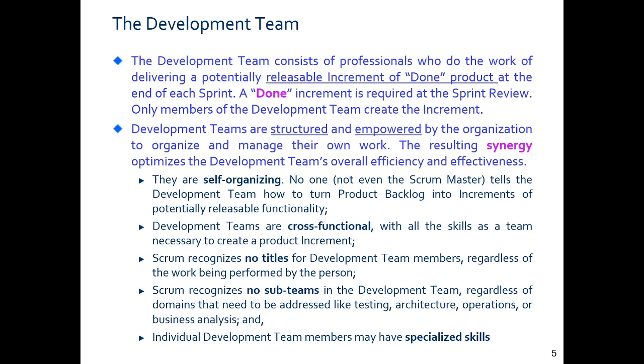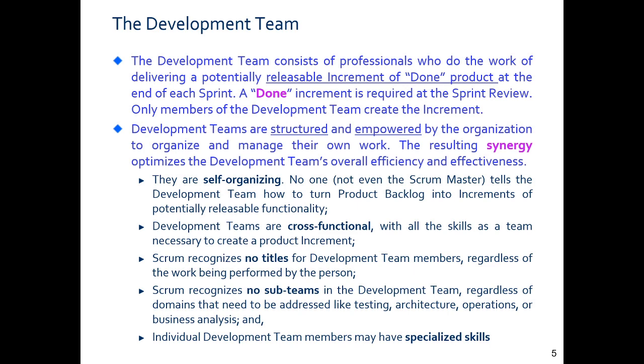And just two important points to note here: Scrum recognizes no titles for development team members, regardless of the work being performed by the performer. So the entire team will be appreciated or maybe questioned for the achievements, that is our success stories, or impediments, that is the obstacles.